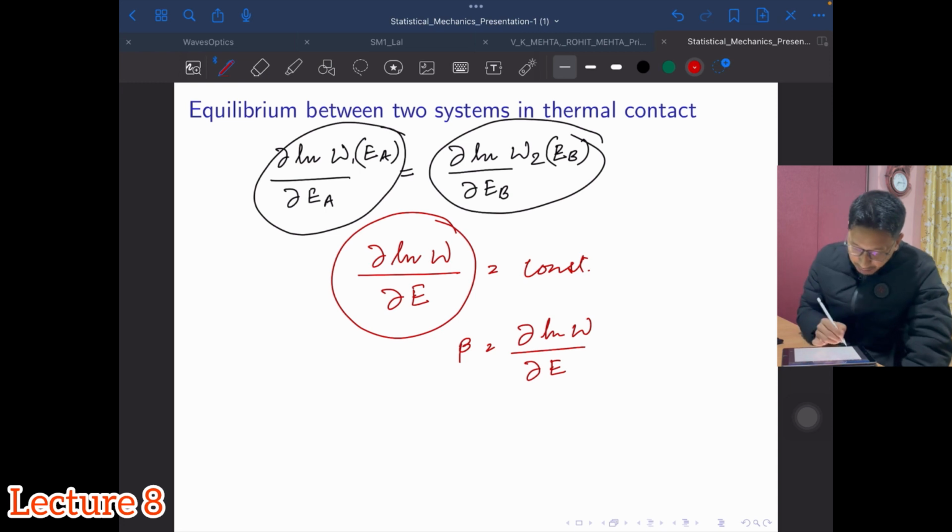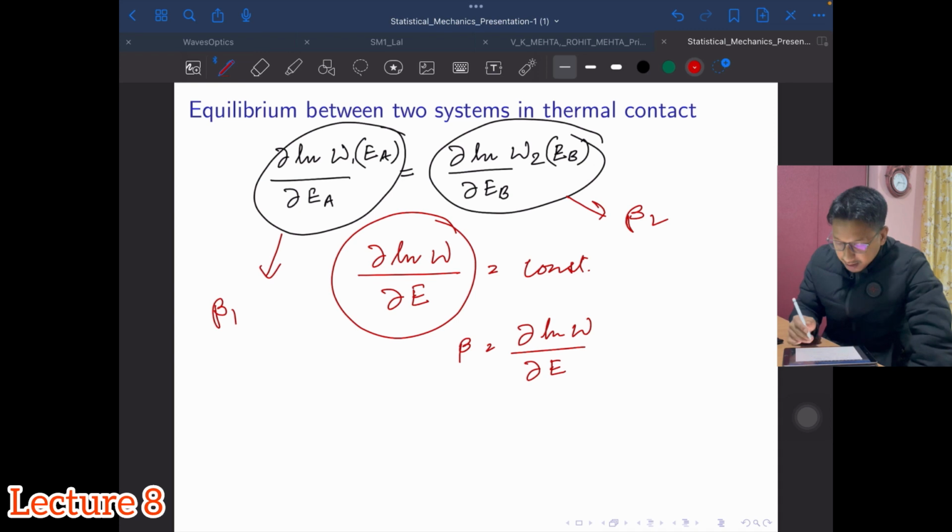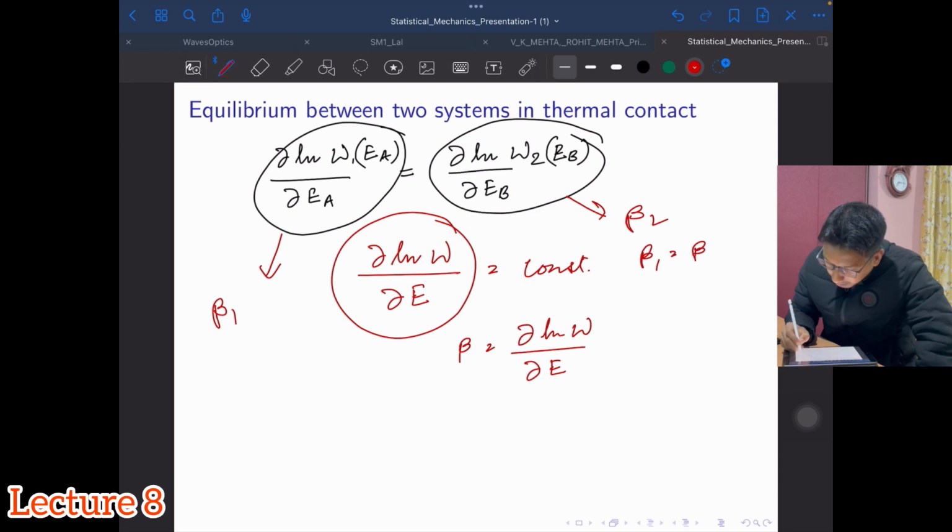So for system A this is beta 1, and for system B I call it beta 2. In thermal equilibrium for systems A and B, I say that beta 1 is equal to beta 2.